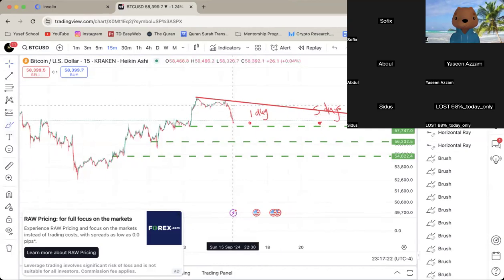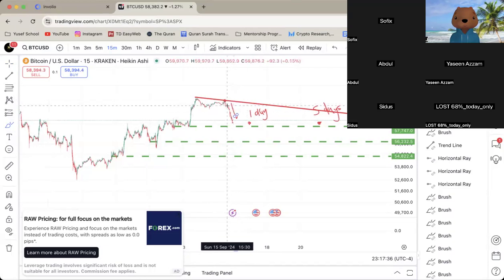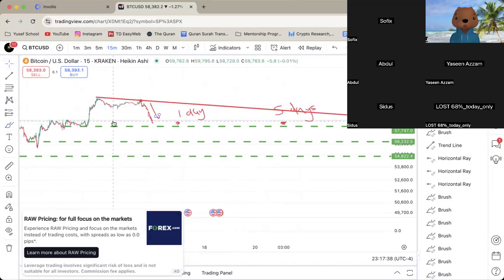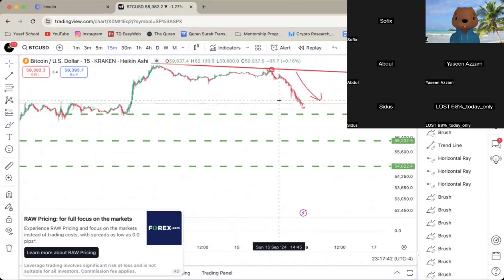When you get these strong reactions off resistance, you're like, this is crazy. This is a strong rejection off of resistance. It's a strong bounce, right? On the 15-minute time frame, how many candles has it been? It's been a strong bounce, based on how many red candles you've got.